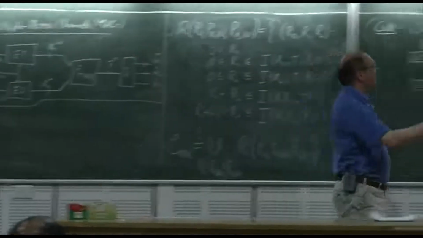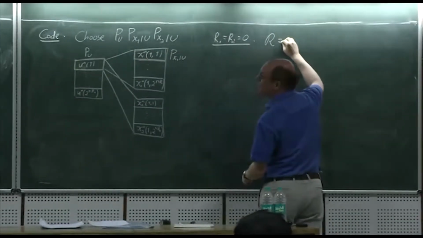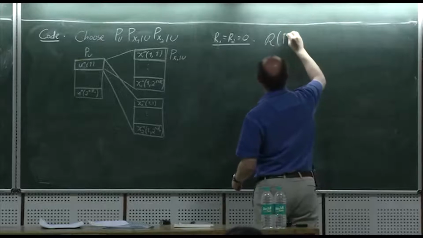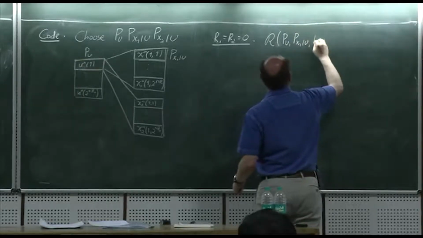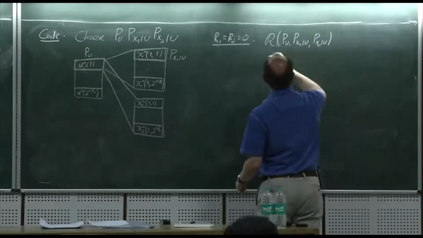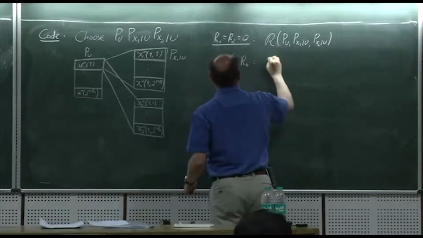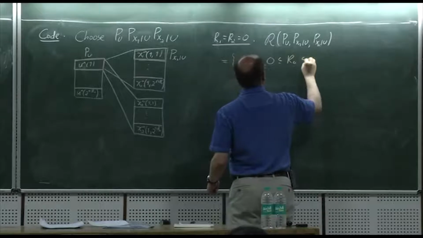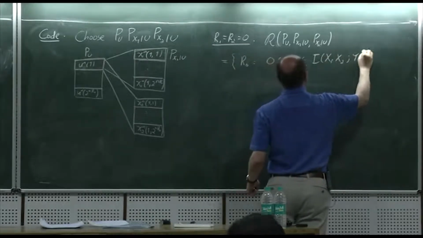So I'll just get R equal to, let me put in both, because you'll see here I have this Markov chain still, which is the one thing that might seem unusual. So it's just the set of rates R0 such that 0 is less than or equal to R0, less than or equal to I(X1,X2;Y), right?